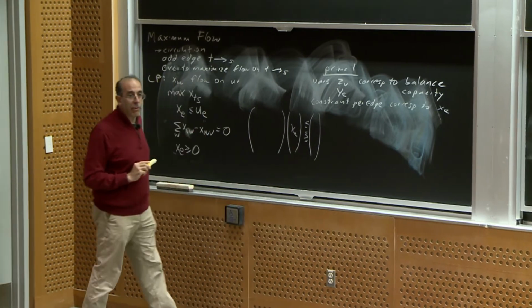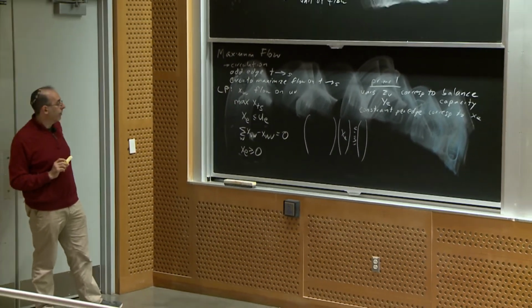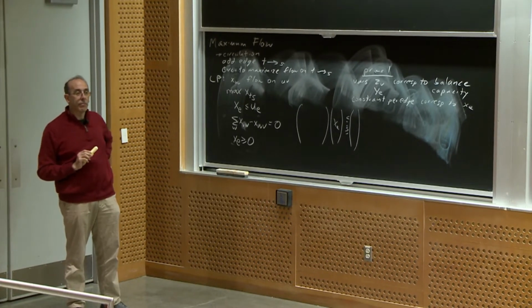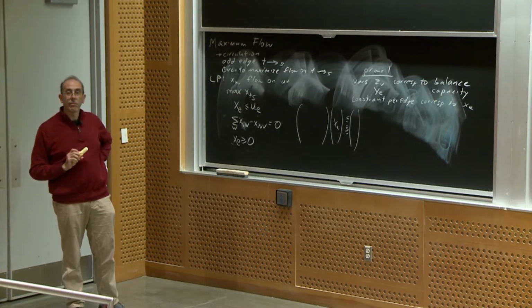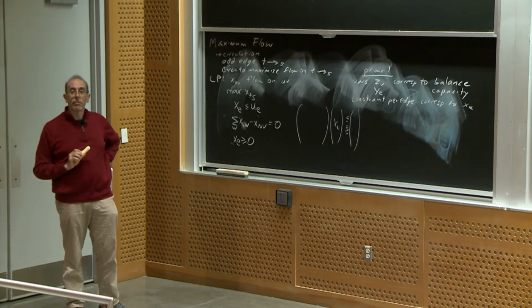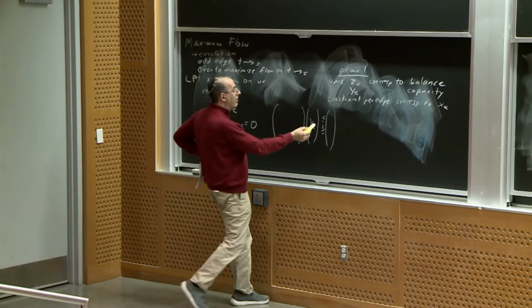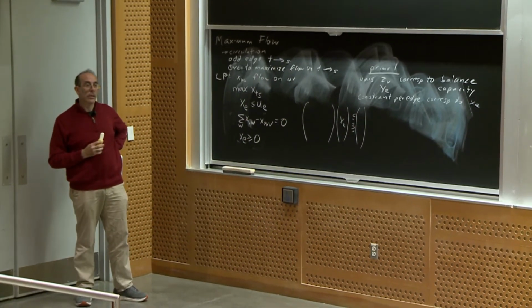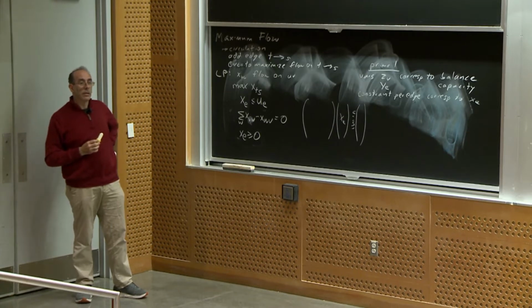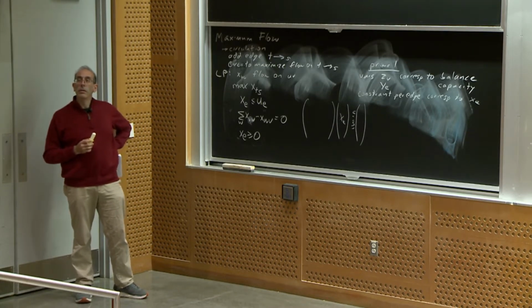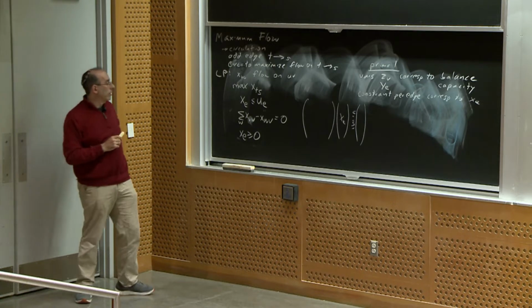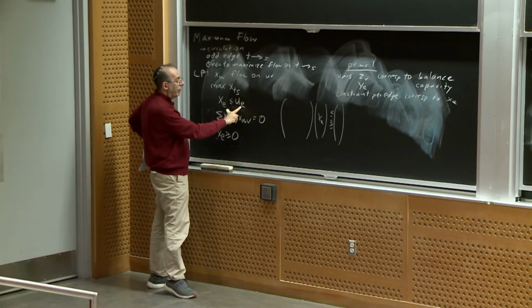And what's on the right-hand side of this matrix? What constraint values go into this vector? Yeah? In this case, the capacities of each edge. Good. So we've got these constraints.